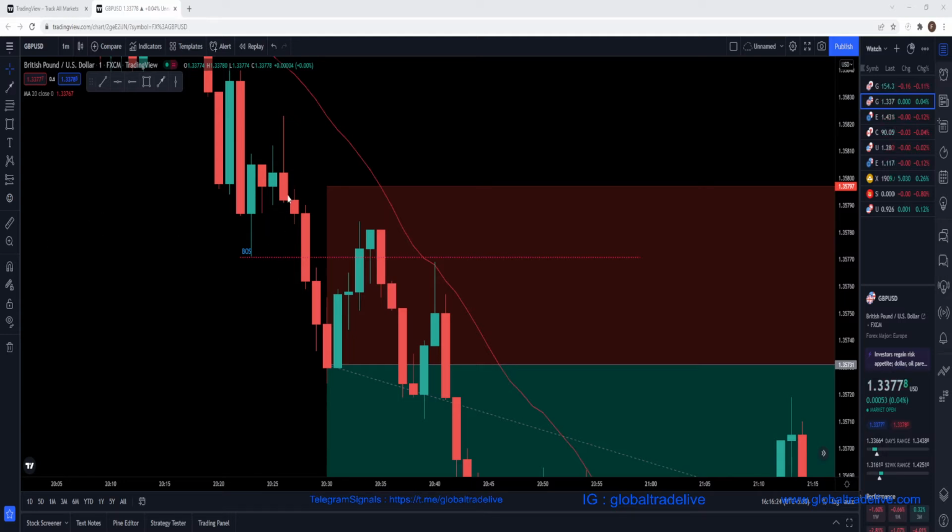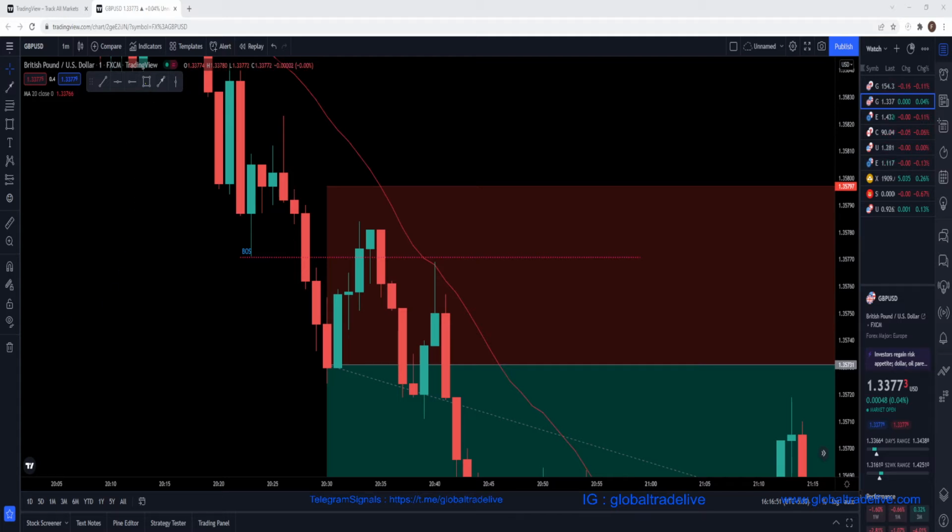So basically, you will look for a small candle, then you will look for impulse candles over here like this, right? Once you have these setups, and once you have a candle closing below your BOS, you will mark your POI over here.